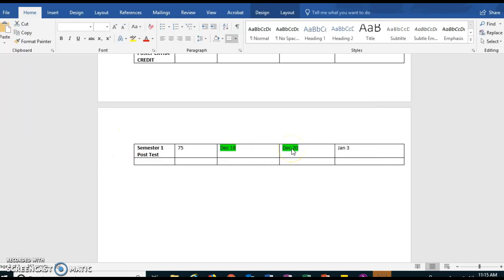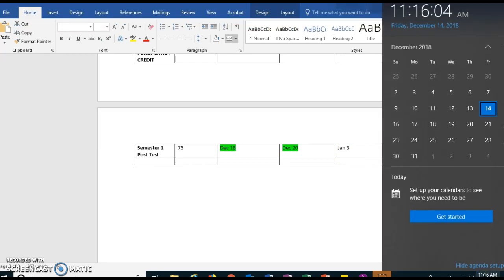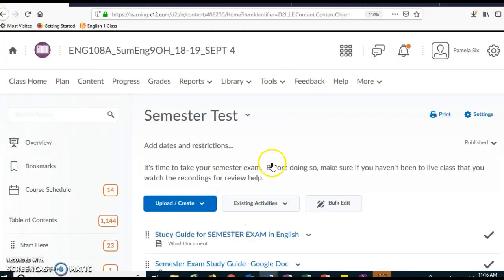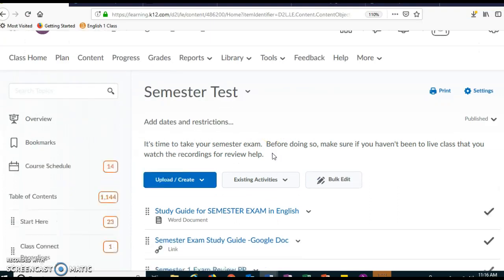It's going to be due on the 20th, which is the last day before break. So you have plenty of time to do the post test. And then it's not closing until January 3rd, which I believe is the last day of the semester. Actually, the 4th. So it's closing the day before the end of the semester. So you have that there, just so you're aware how that's all going to look and run.